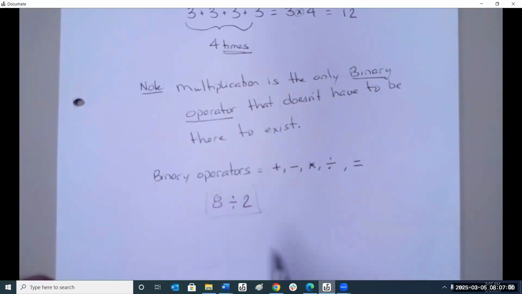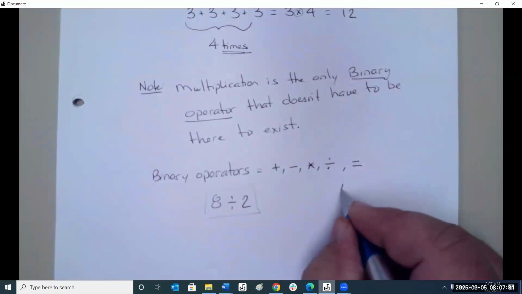What is this called? Division is a symbol. It's not an equation. Why can't it be an equation? Let's look at that word.